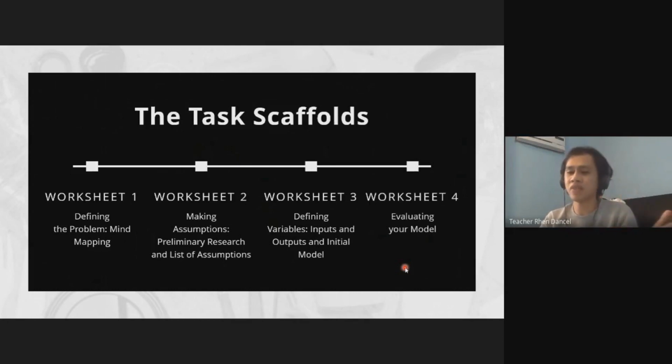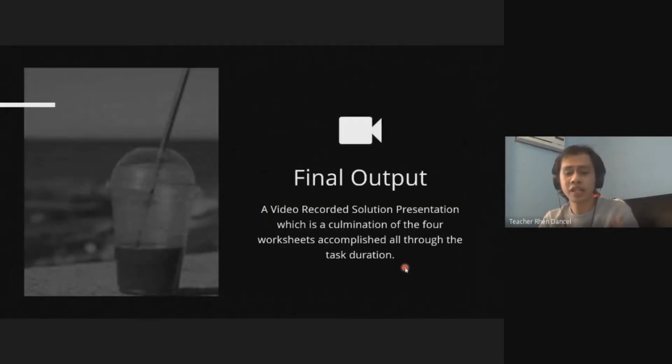And because you already have your initial model from worksheet 3, it's time for you to evaluate that model in worksheet number 4. Now, final output again, it is a video recorded solution presentation. That means you need to work as a group, although you're far apart right now, to create a video. It could be of any medium.